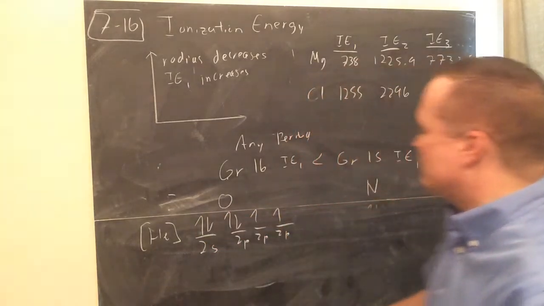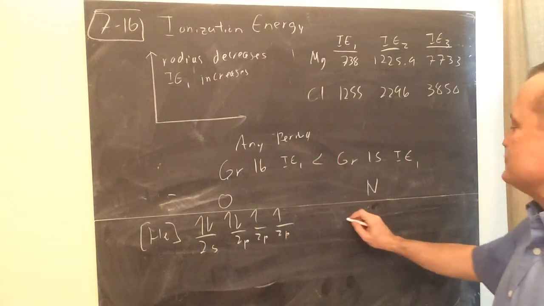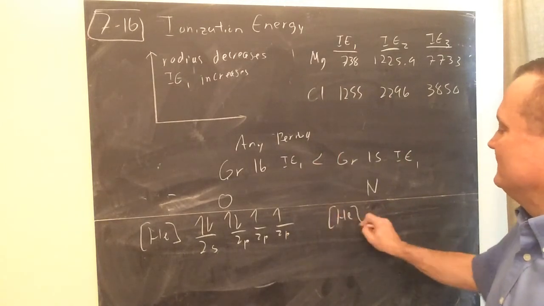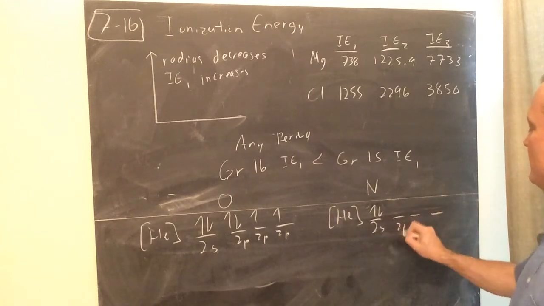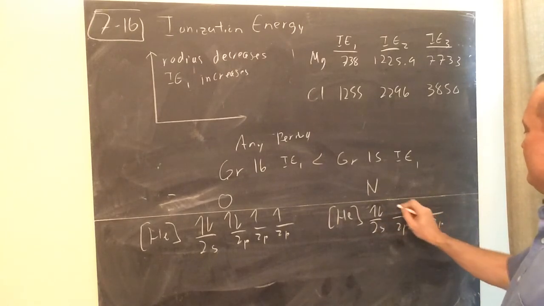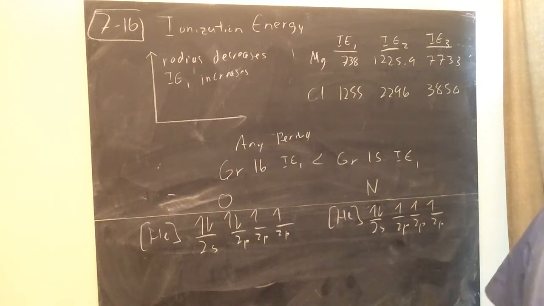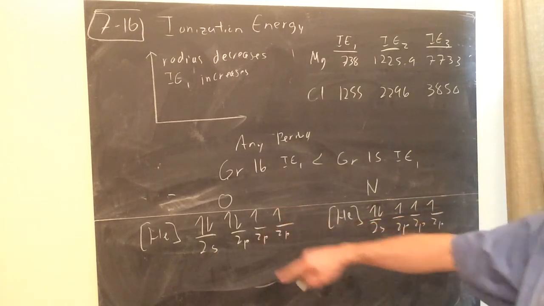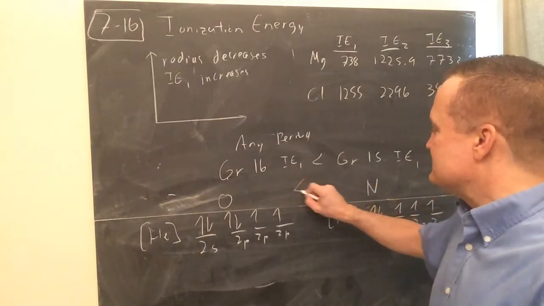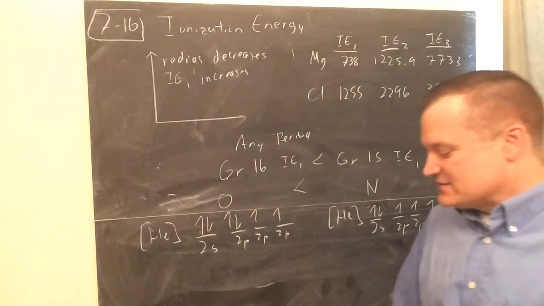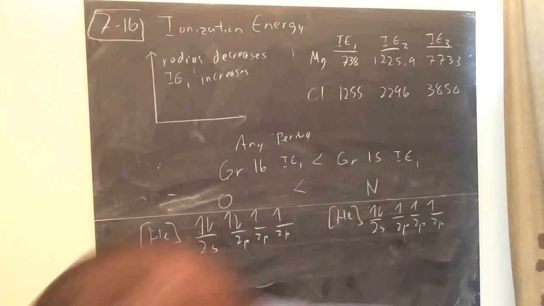For nitrogen, it's helium, 2s2, 2p3. Can you see something interesting? We're saying it's easier to take the first electron away from oxygen than it is to take it away from nitrogen. And the reason why is because of this right here.